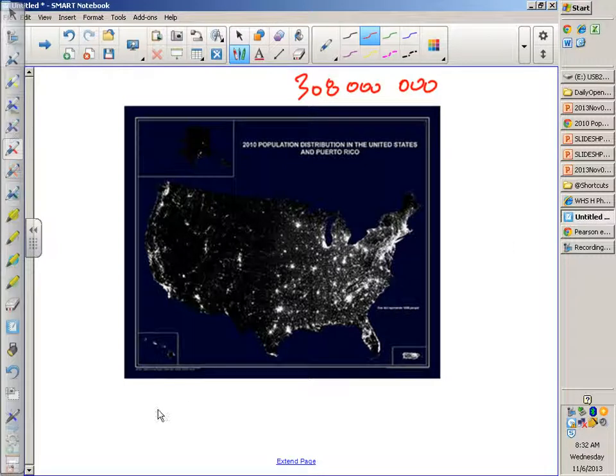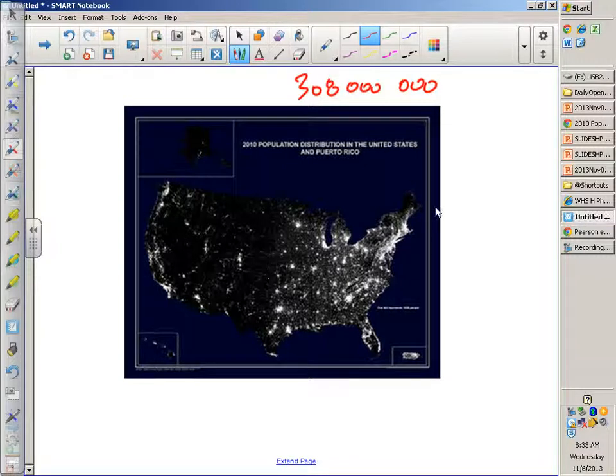There are reasons why people live there. What's one of the biggest reasons why people live where they live? Water, right? But is it possible that people could live out here? Sure. It's possible. It's not probable. And that's what we get into a little bit more with this picture of the atom.